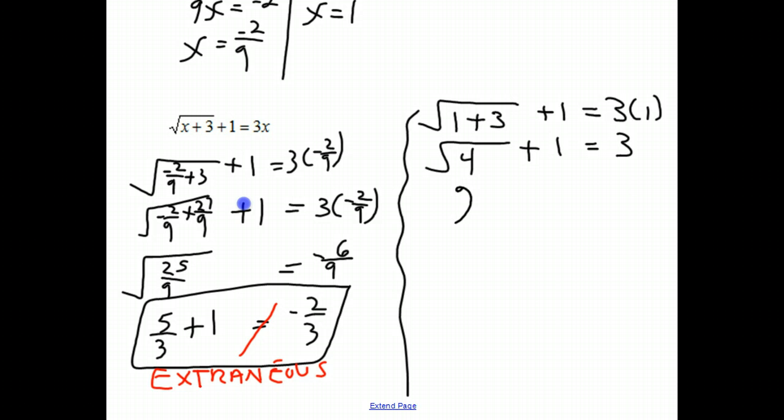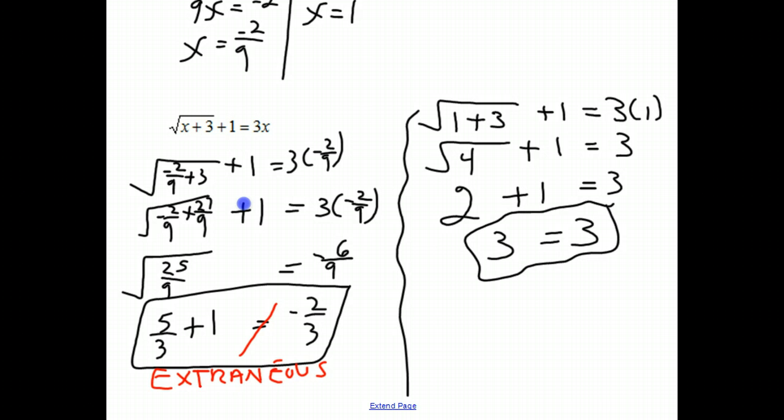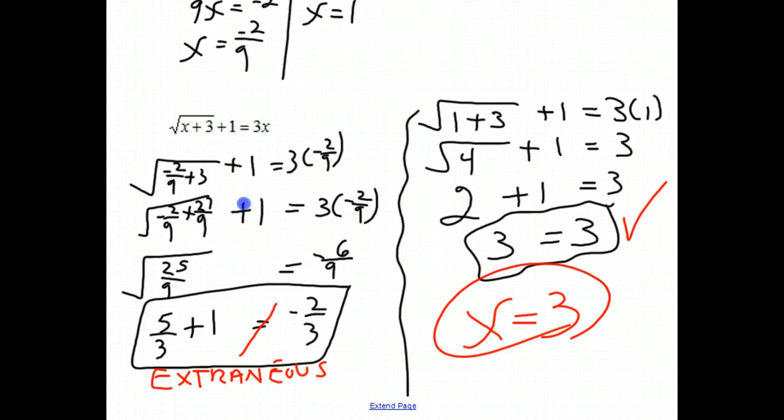Square root of 4 is 2. 2 plus 1 is equal to 3. And we certainly could see that that is correct. And therefore, our only solution is x equals 1. And there you go. Hope you enjoyed this one.